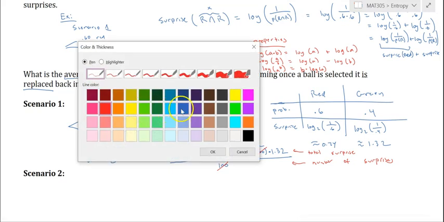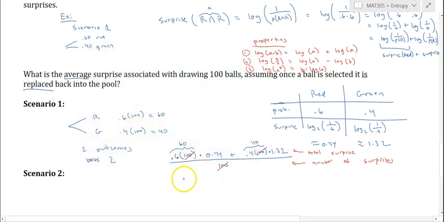And so notice that the average surprise here is really just the probability of the outcome times its surprise of 0.74 plus the probability of the other outcome times its surprise, which is 1.32.